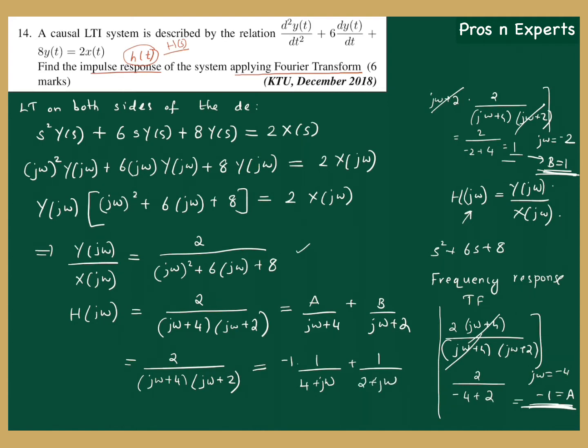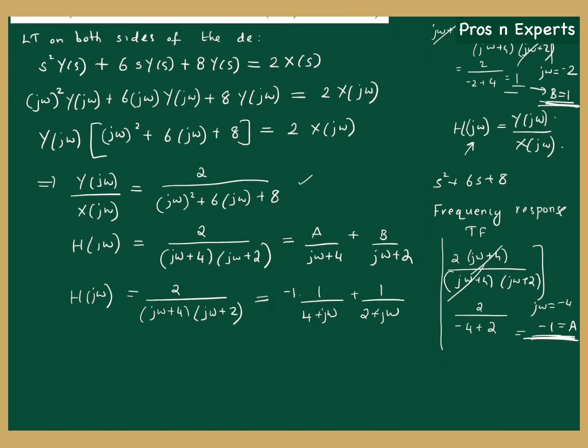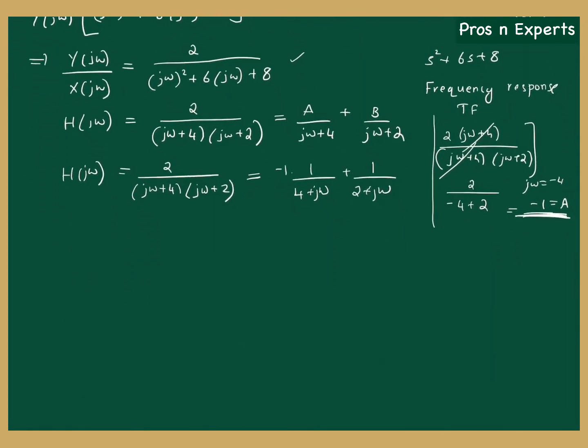So that is the whole of my frequency response, h of j omega. And luckily h of j omega is obtained in two terms, all the two terms are known Fourier transforms, right? The Fourier transform of e raised to minus at is equal to 1 by a plus j omega, and we have both of these terms in 1 by a plus j omega format.